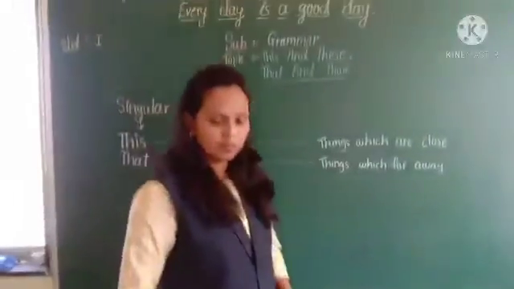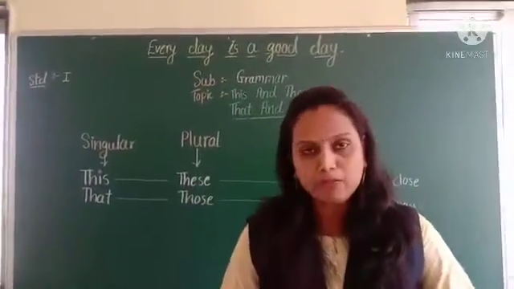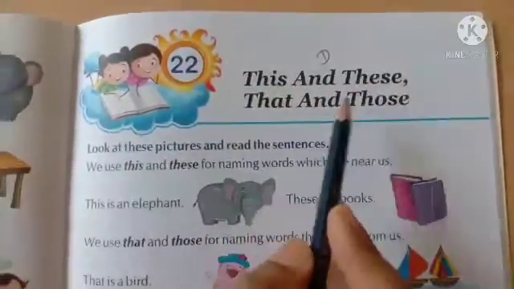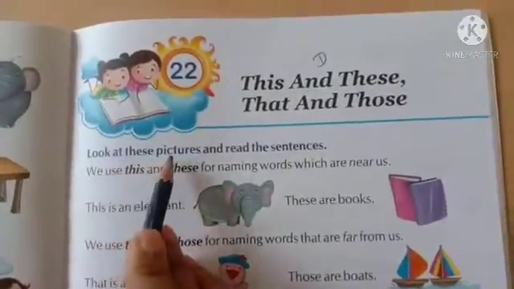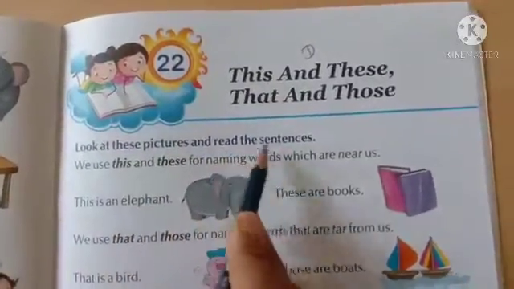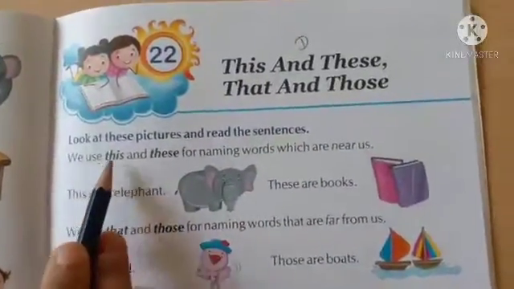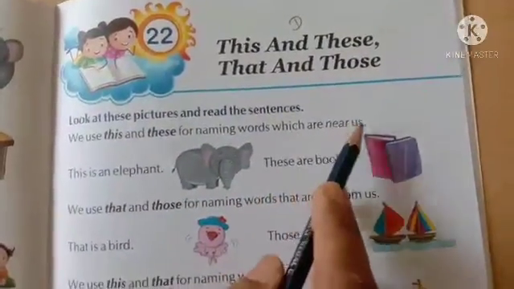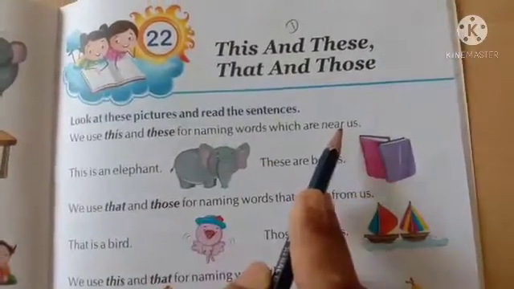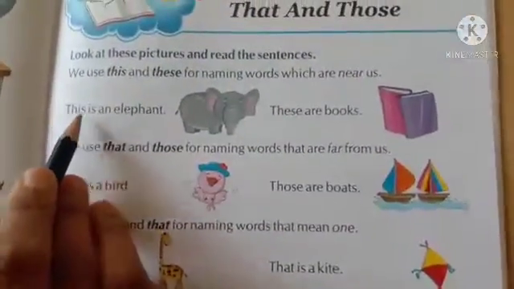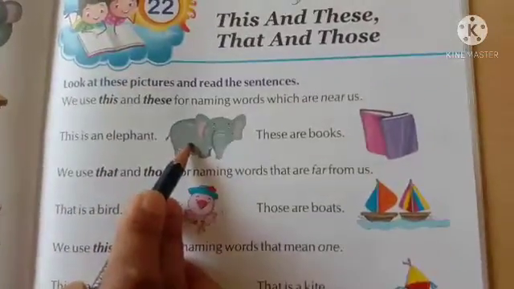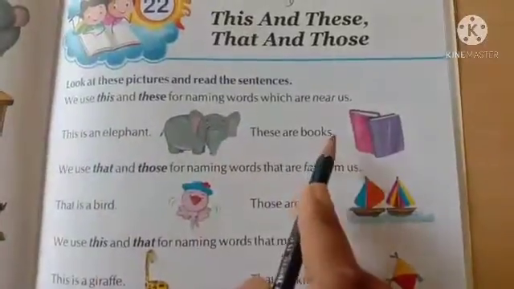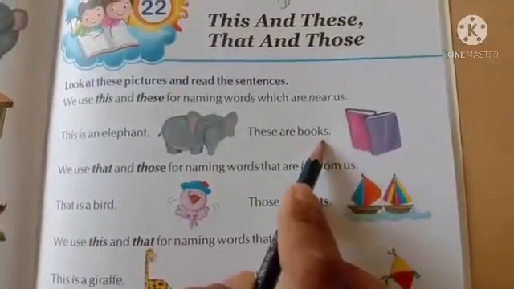Understood? Now open your textbook on page number 47. This and these, that and those. Look at these pictures and read these sentences. We use this and these for naming words which are near us, close to us. Mind it well. This is an elephant. These are books. Singular form, plural form, which is near to us.